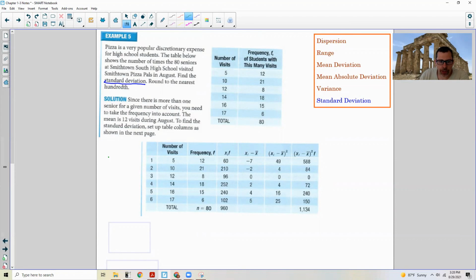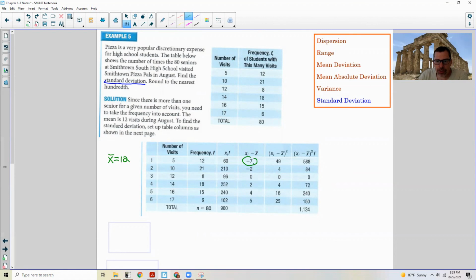Okay, so I'm going to put that over here. X bar, our mean, is 12. So notice this is -7. 5 minus 12, -7. 10 minus 12, -2. 12 minus 12, 0. 14 minus 12, 2. 16 minus 12, 4. 17 minus 12, 5.